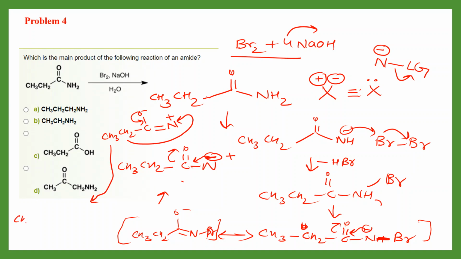Isocyanate. Very good. CH3CH2N double bond C double bond O. Till here, does anyone have any problem? Nothing has been done, just this alkyl group has migrated there. Correct?